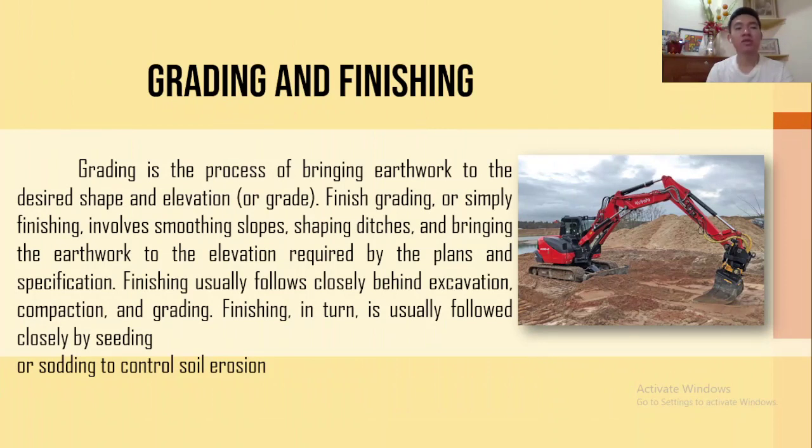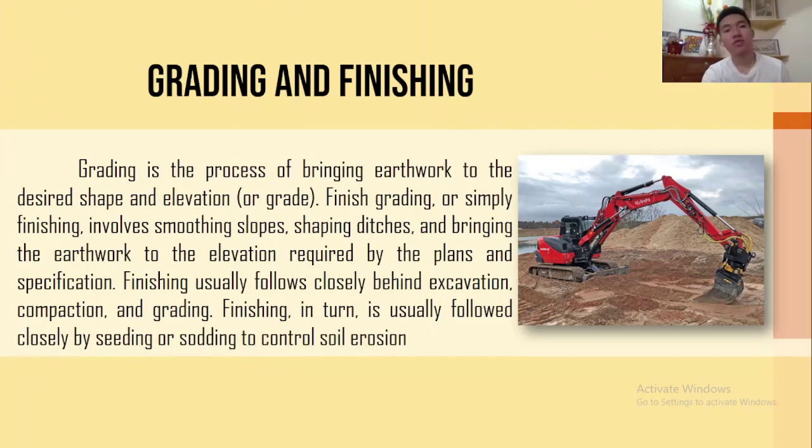Now let's proceed to grading and finishing. Grading is the process of bringing earthwork to the desired shape and elevation. Finish grading, or simply finishing, involves smoothing of slope, shaping ditches, and bringing the earthwork to the elevation required by the plans and specification.